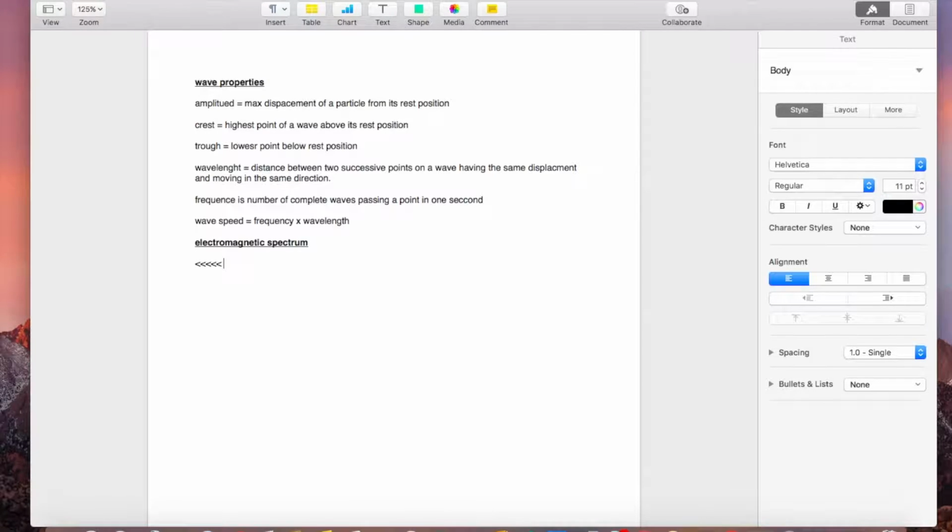That way is increasing wavelength. This way is decreasing wavelength. This way is increasing frequency.